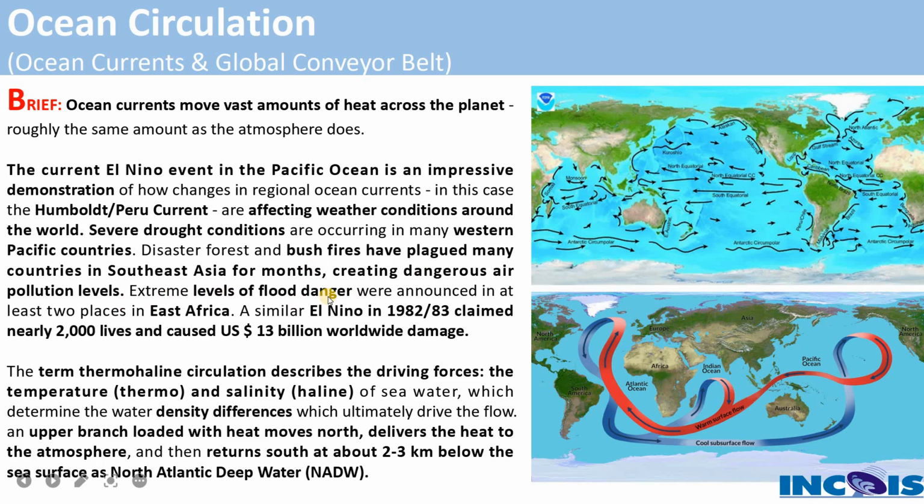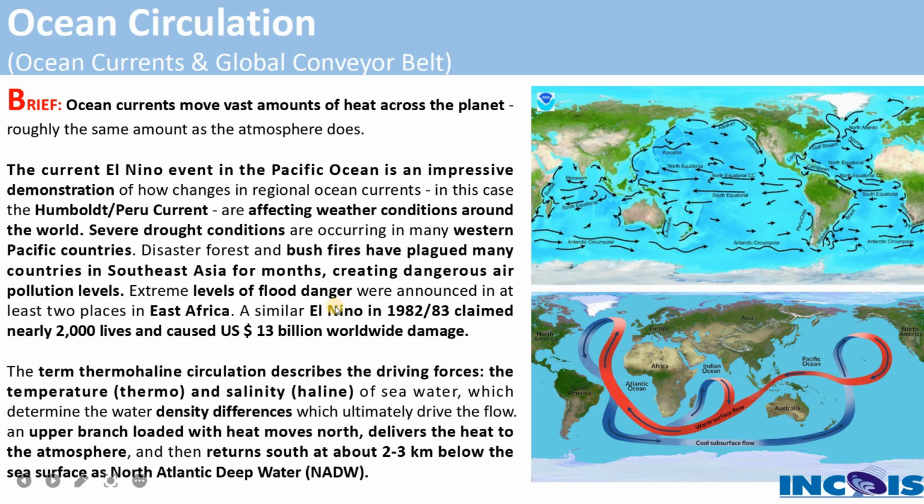And extreme levels of flood danger were announced in two places in East Africa. So these kinds of effects happen as the Humboldt or Peru current changes because of this El Nino event.